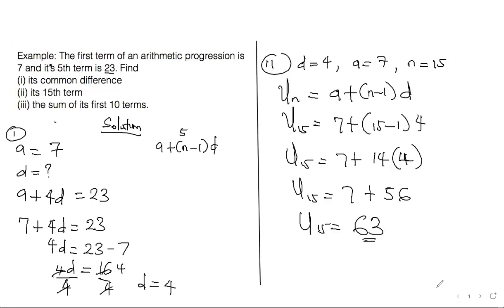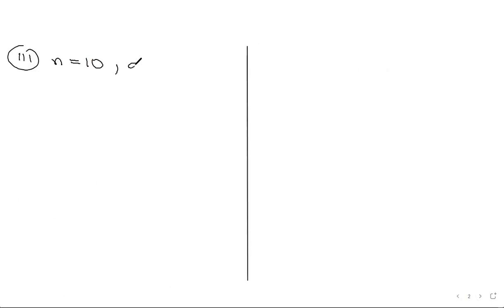The next question says the sum of the first 10 terms. Here n is 10, because that's the position we're interested in. When you add from the first to the 10th position, what will be the sum? We know A is 7 and D is 4.